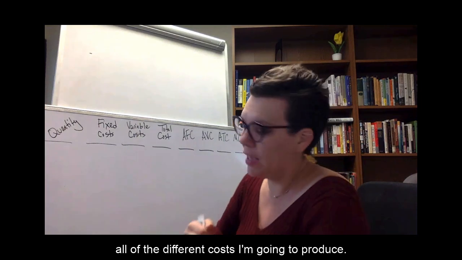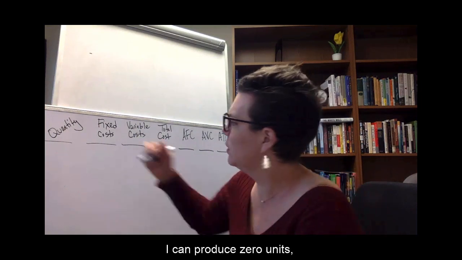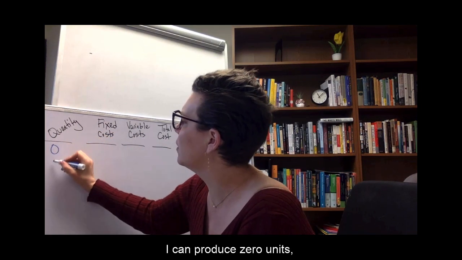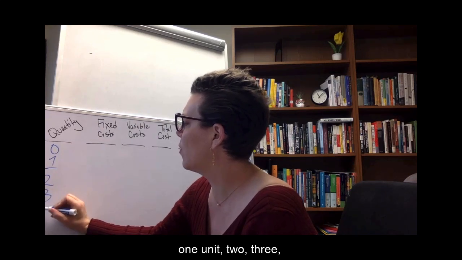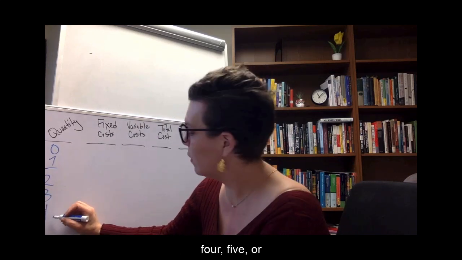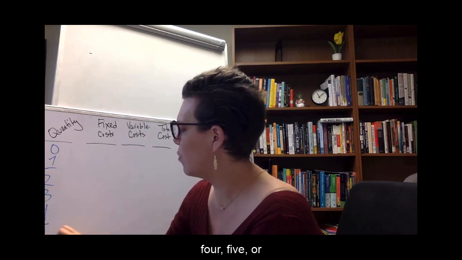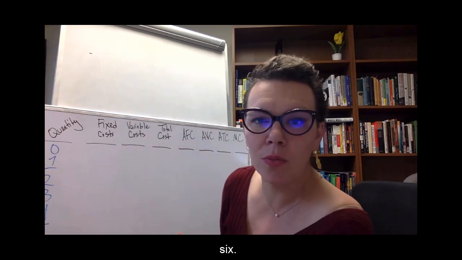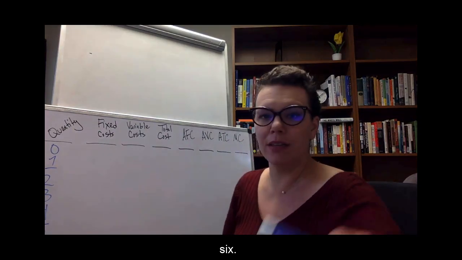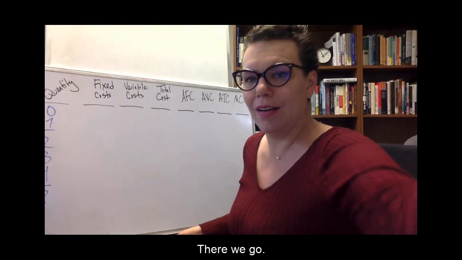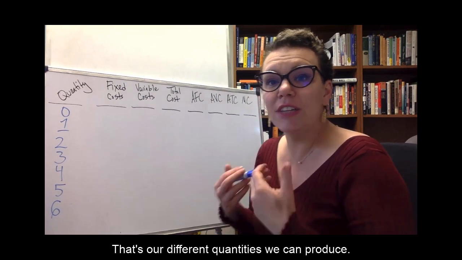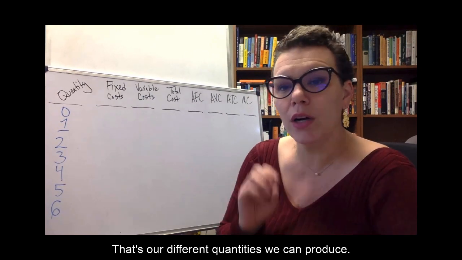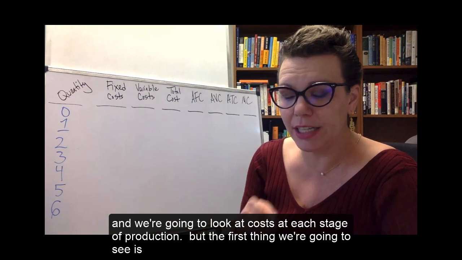I can produce 0 units, 1 unit, 2, 3, 4, 5, or 6. Oh, can't see that. We're going to have to move that up a little bit. There we go. That's our different quantities we can produce, and we're going to look at costs at each stage of production.